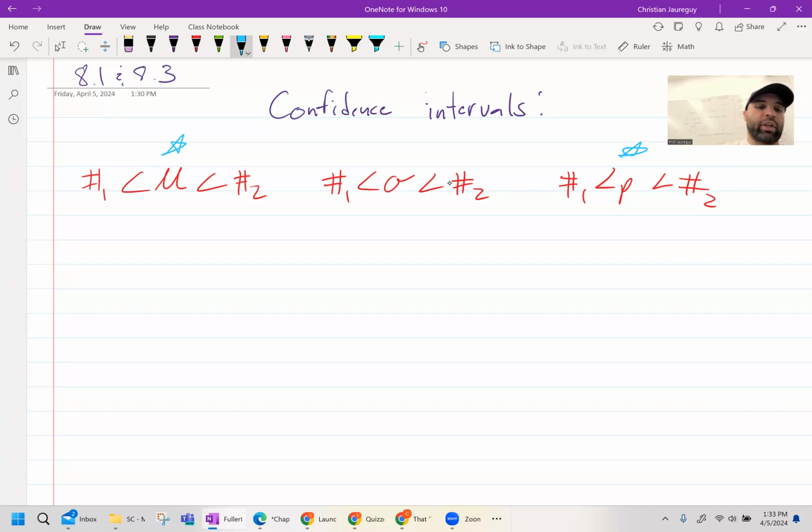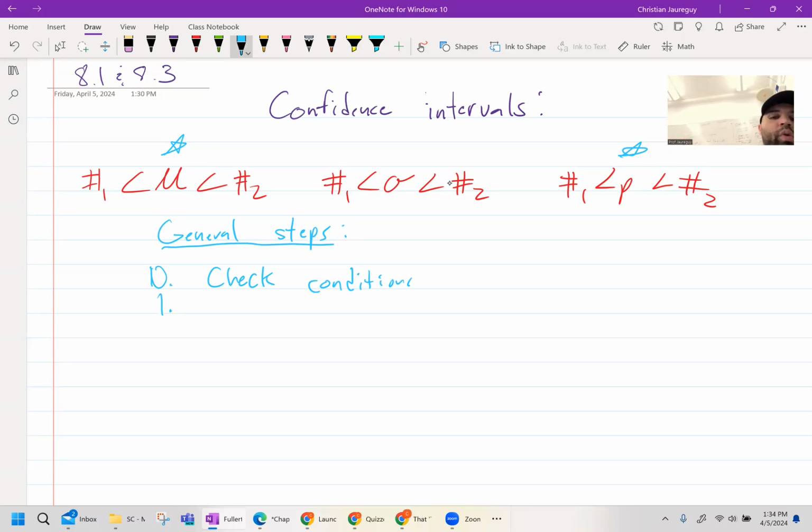The general steps would be step 0, check conditions. One, we're going to find the interval. And then 2, write a conclusion.